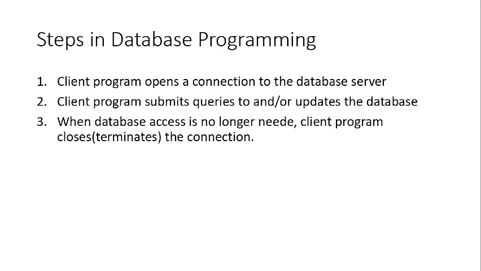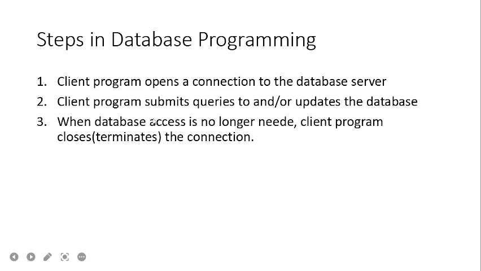A middleware application program implements the logic of a business software application but includes some calls to one or more database servers at the bottom tier to access or update the data. So when writing such an application program, a common sequence of interaction is the following. The client program opens a connection to the database server.